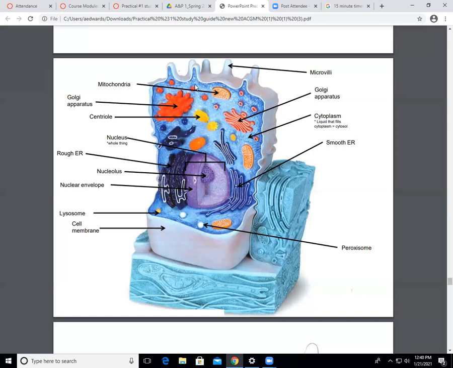Another language. But that relates to the parts because, again, rough ER, and that's how you know the difference between the rough and the smooth ER. Okay? You might also see some ribosomes just floating around in your cell, and they can be used to make protein there too.